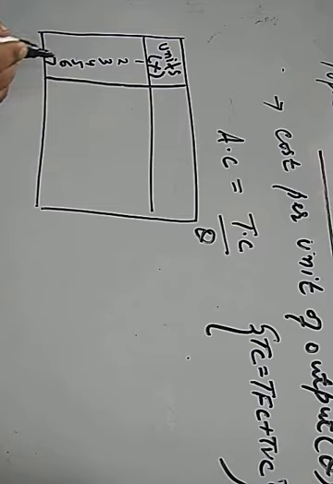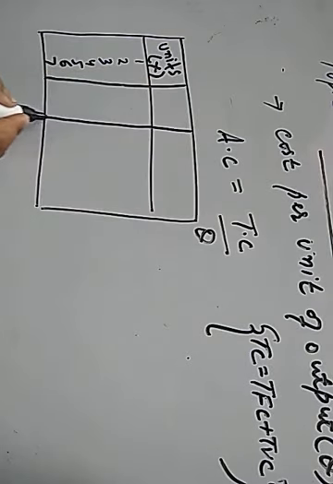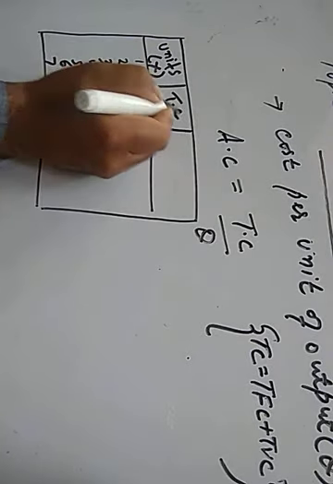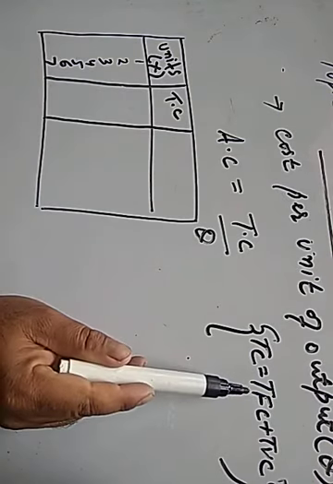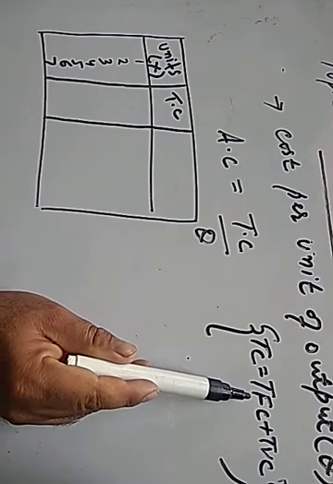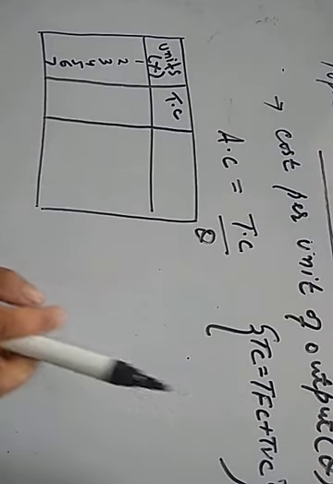In the next column, we will take the total cost of these units, and this total cost includes the values of fixed cost and variable cost.